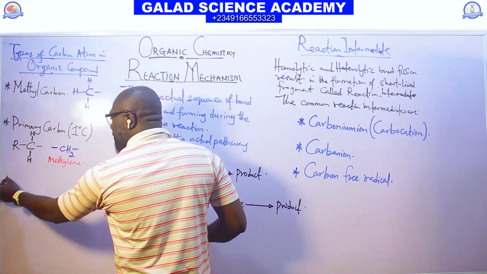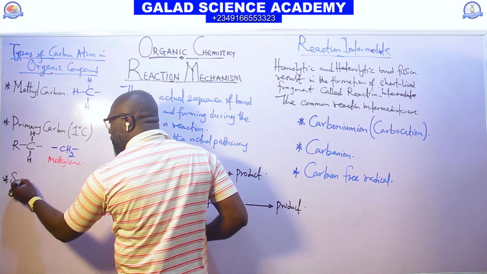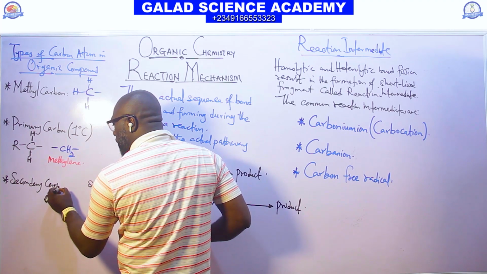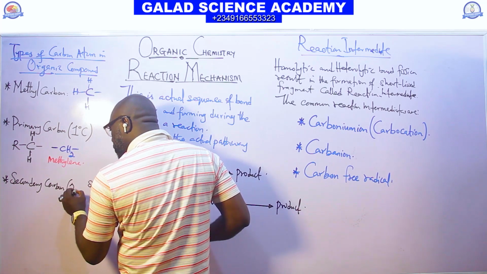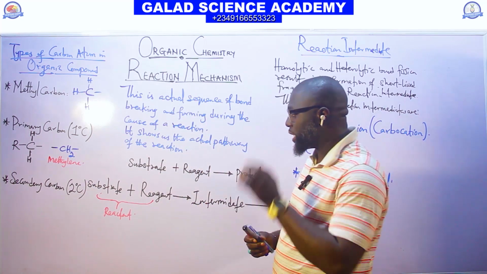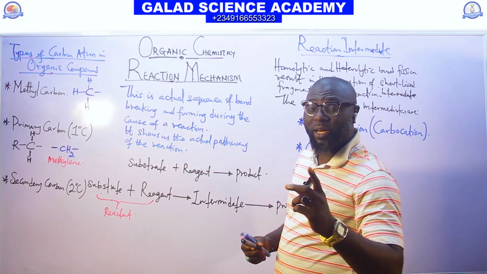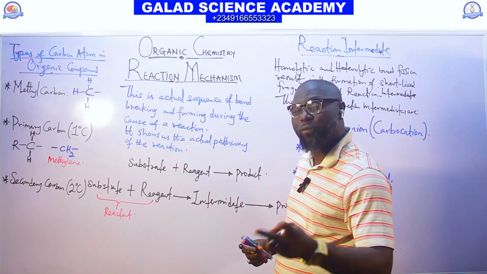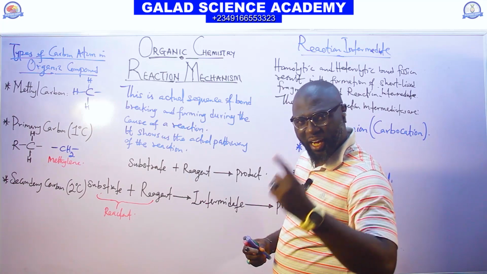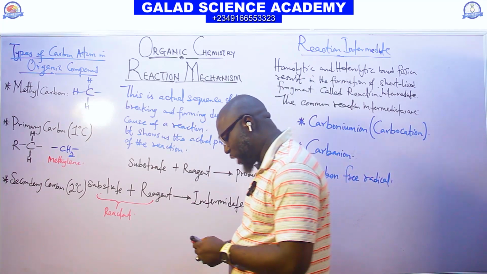And the next one, you can also have a secondary carbon, 2 degree C. The secondary carbon is the carbon atom that has two alkyl groups and one replaceable hydrogen atom.